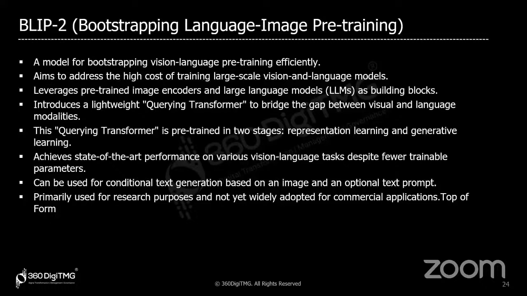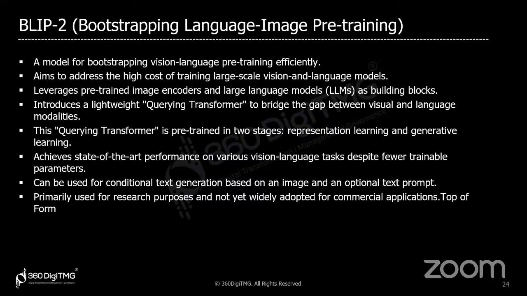High training cost is required for both vision as well as language models. It leverages pre-trained image encoders and large-scale models like LLMs as building blocks. Then it introduces a lightweight Querying Transformer to bridge the gap between the visual as well as language modalities.